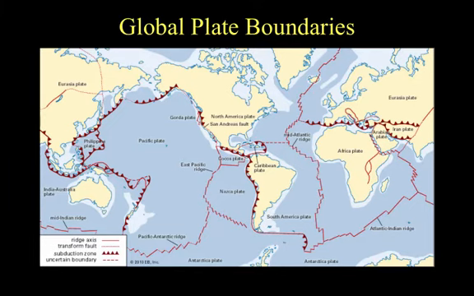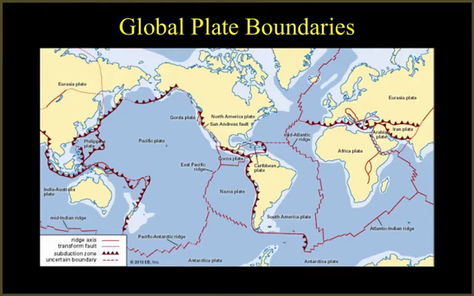If we look at the plate boundaries a little bit more closely, you'll see on this map places where we have subduction zones. These arrows indicate one plate is subducting at another. The little barbs are on the overriding plate. So the Aleutian Islands are forming a volcanic arc where the Pacific plate is subducting beneath the North American plate.